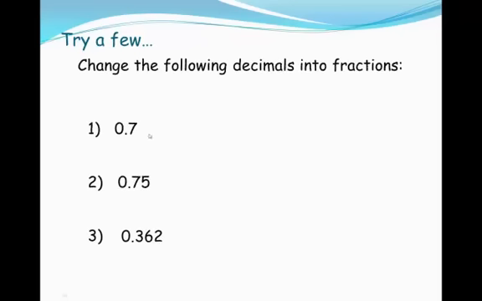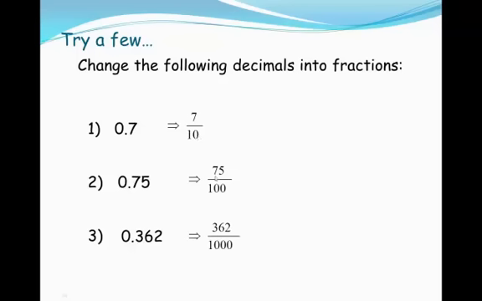So if you can now try these three, pause the video and complete these in your workbook. So what you should have done, for the first one you place the 7 at the top, then you place a 1 in the denominator, there's only one decimal place, so there's 1 zero.